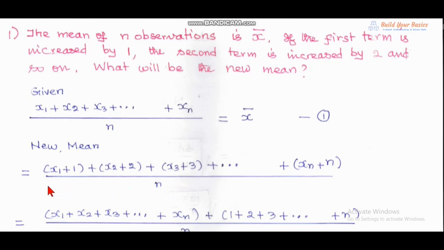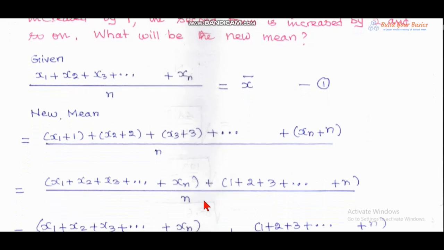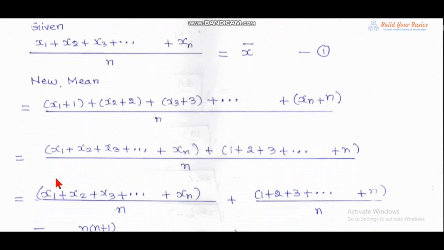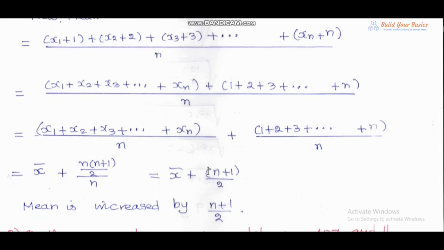That's equal to, collecting the first terms together and collecting the second terms together, we get x1 plus x2 plus x3 plus dot dot dot plus xn plus 1 plus 2 plus 3 plus dot dot dot plus n whole divided by n. That's equal to x1 plus x2 plus x3 plus dot dot dot plus xn whole divided by n plus 1 plus 2 plus 3 plus dot dot dot plus n whole divided by n.